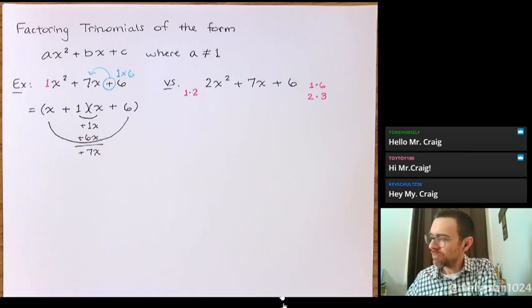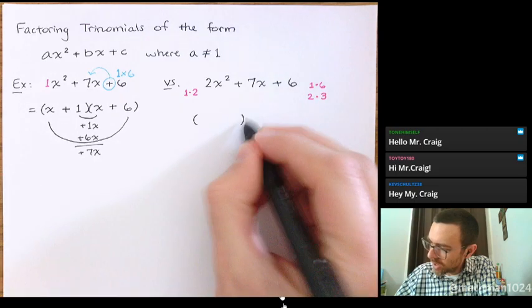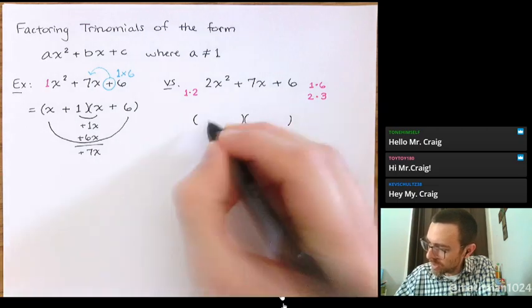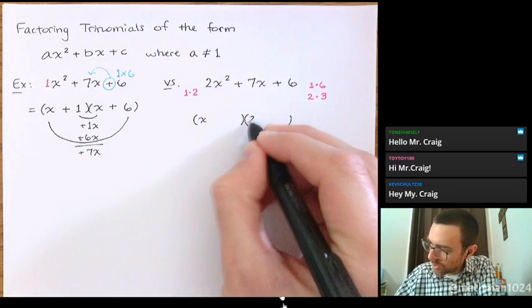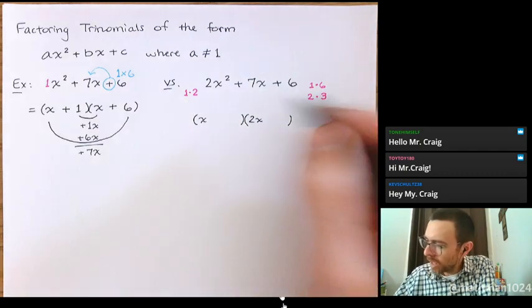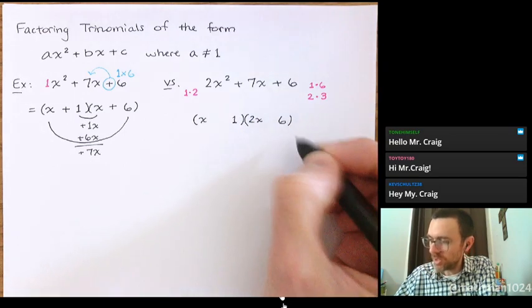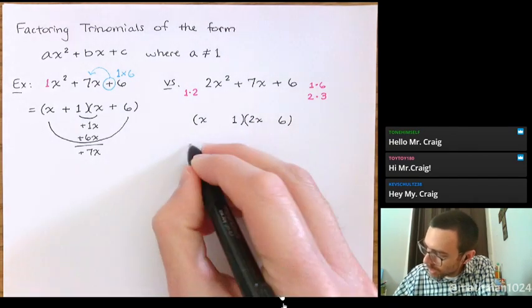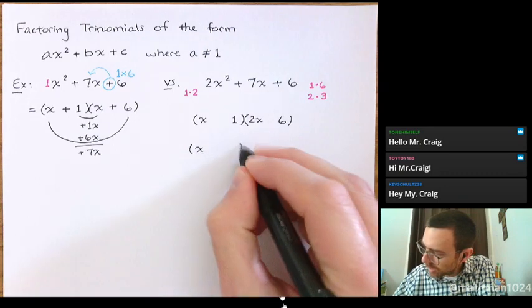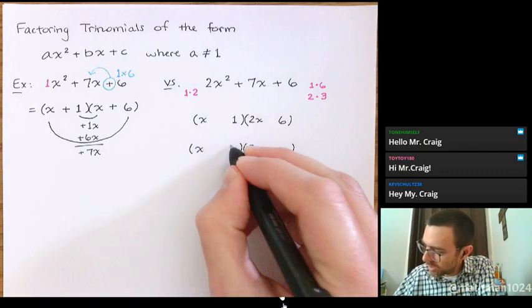If we were to write out every single possibility, let's see what we have. You could say x and 2x, because that has to be there because of the 1 and the 2. And if I do 1 and 6, we can see what happens there. Or, again, x and 2x, I could try doing 6 and 1.